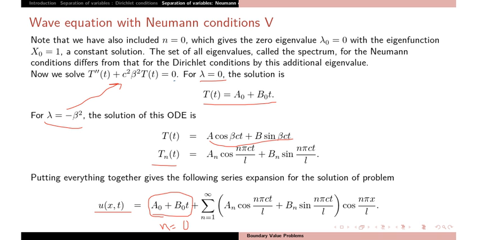And for n equal to 1 to infinity, this is for t and this is for x. We can combine constants as usual. So this is the solution of the Neumann wave equation with Neumann conditions.